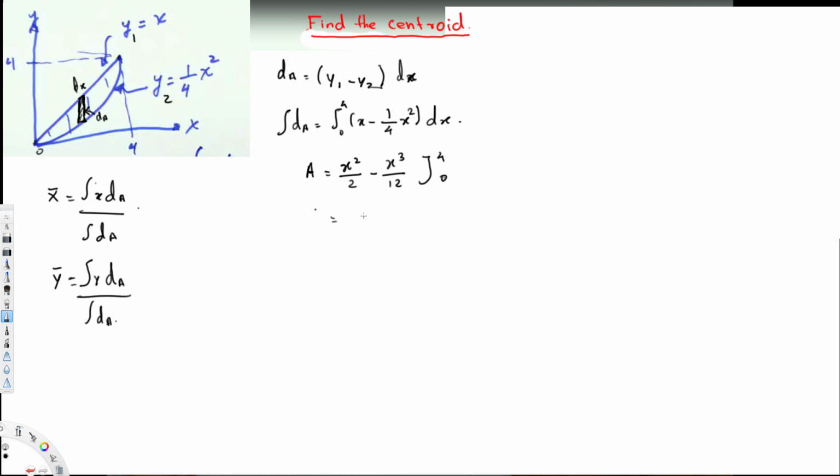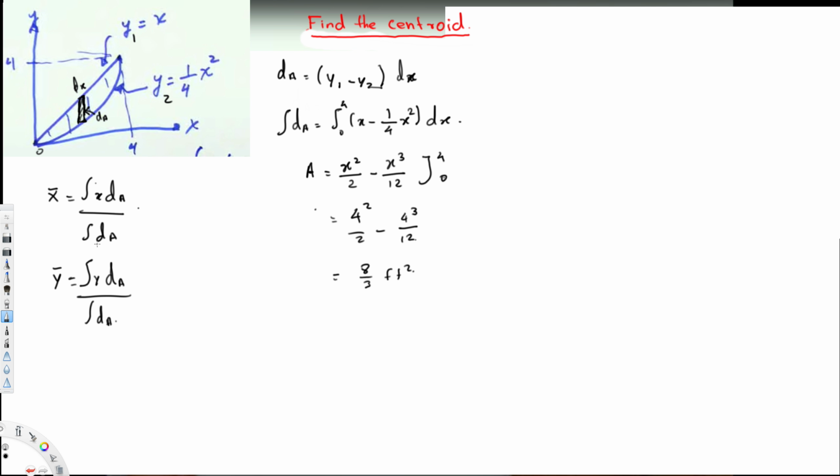If I substitute 4 for x, it's 4 square over 2 minus 4 cube over 12, and the value comes out to be 8 over 3 feet square. So this is my A value.